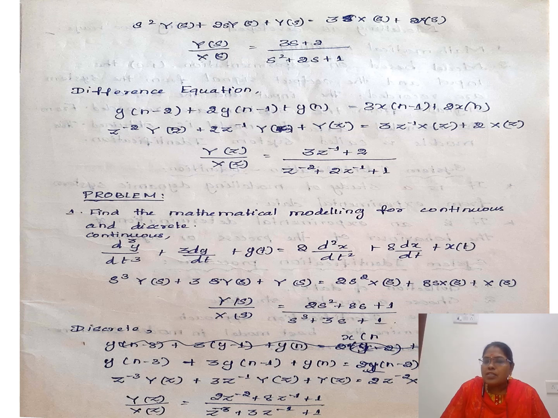From this you find the transfer function Y(z) by X(z). So what we can understand is, for a continuous system you find the model by equating output by input by applying the Laplace transform. But for discrete, you have to take the z transform to find the transfer function, represented by Y(z) by X(z). So you will get one model.